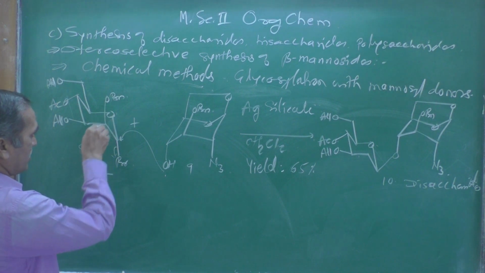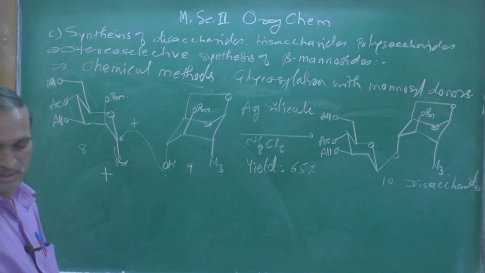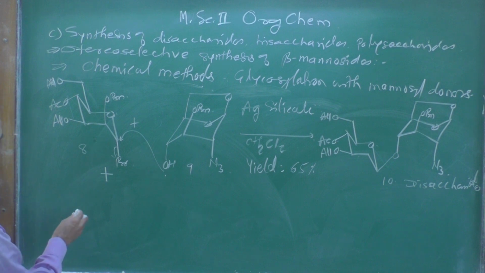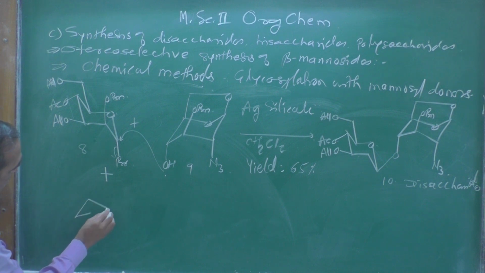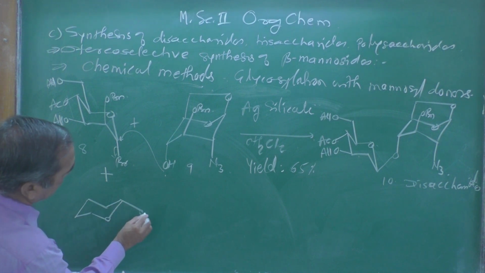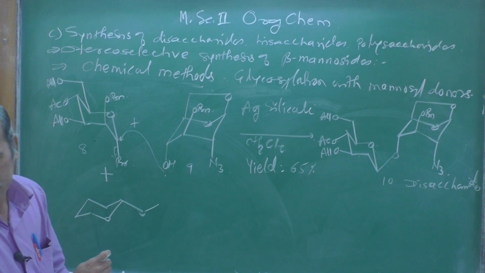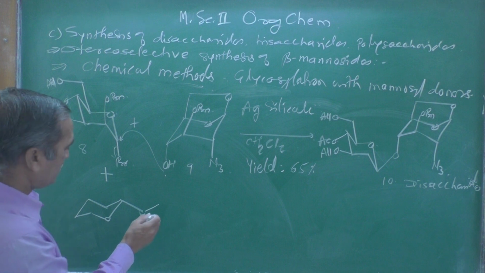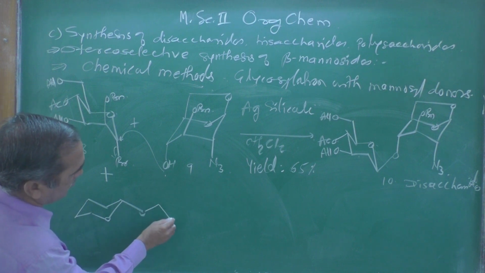Here plus means addition of that 8 plus that disaccharide which I am going to show over here. So this one disaccharide, this one. Now remember here the oxygen atom, then this one. I am going to show this structure once again.